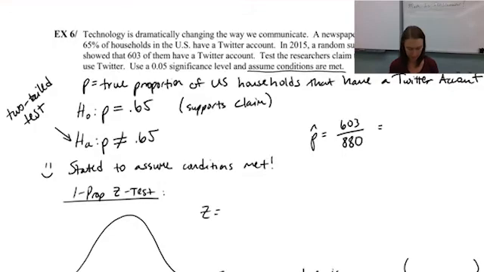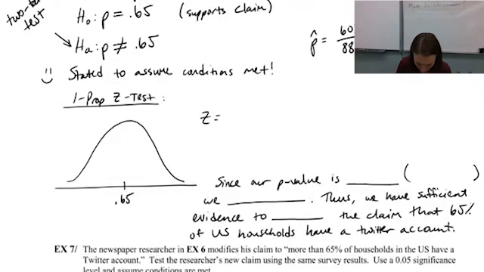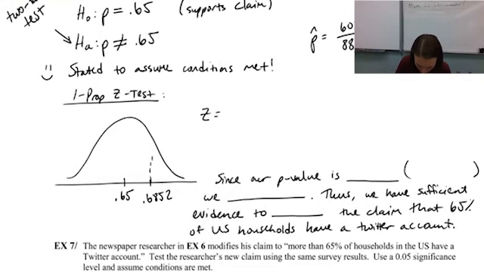So how much is that? 603 divided by 880 is 0.6852. Okay. So I want to find this, but I also want to go the other direction, the same amount, and find this way, because it's a two-tailed test. So that's what that means.